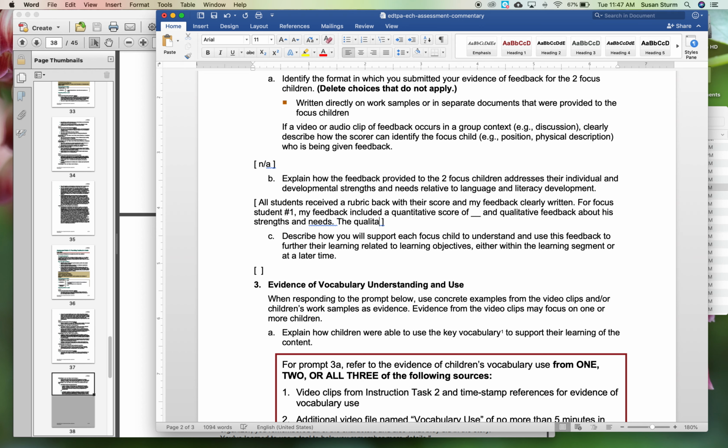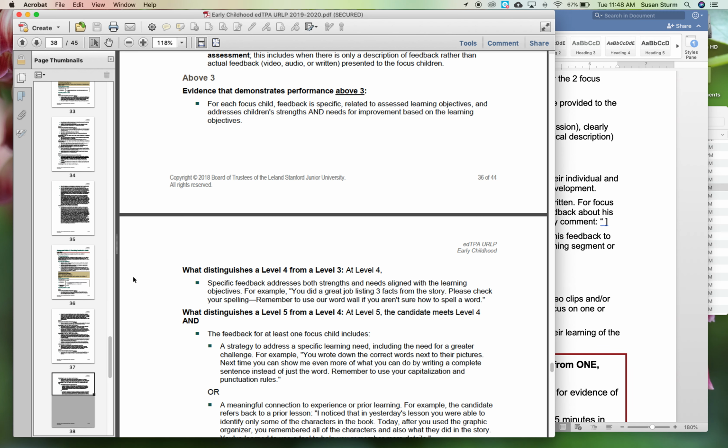The qualitative feedback about his strengths is seen in my comment, and then you would have a comment like, go back to here.